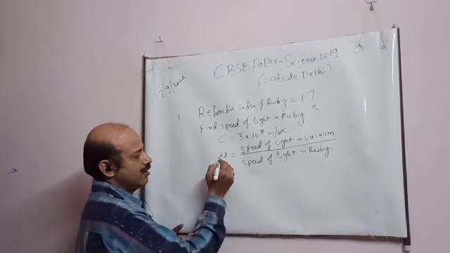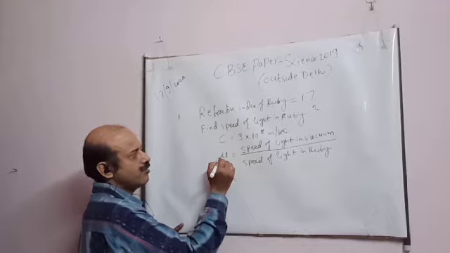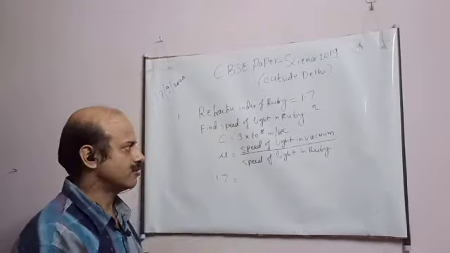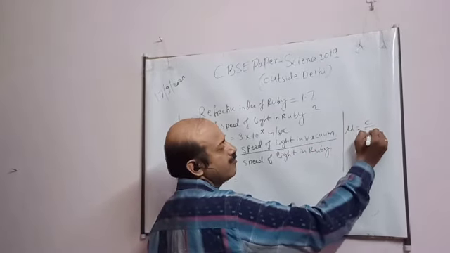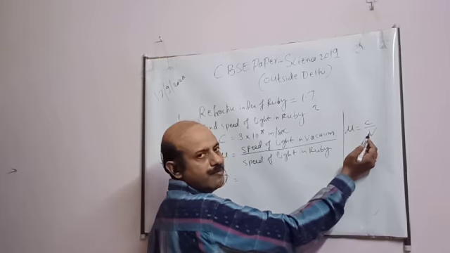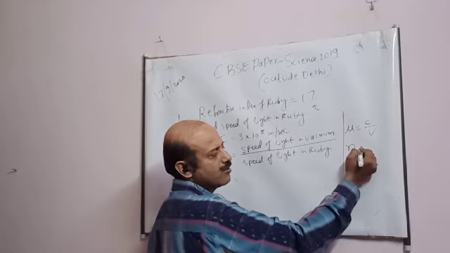This quantity is given to you, 1.7. This, student, is the absolute refractive index, and the formula for this is C upon V. C is the velocity of light in vacuum, V is the velocity of light in the medium. This mu has a different symbol in some books, even n is written also. It is the same thing, student.